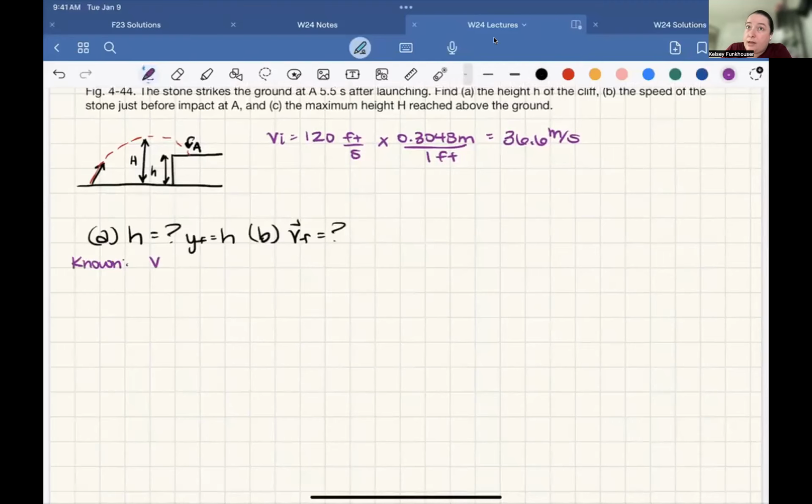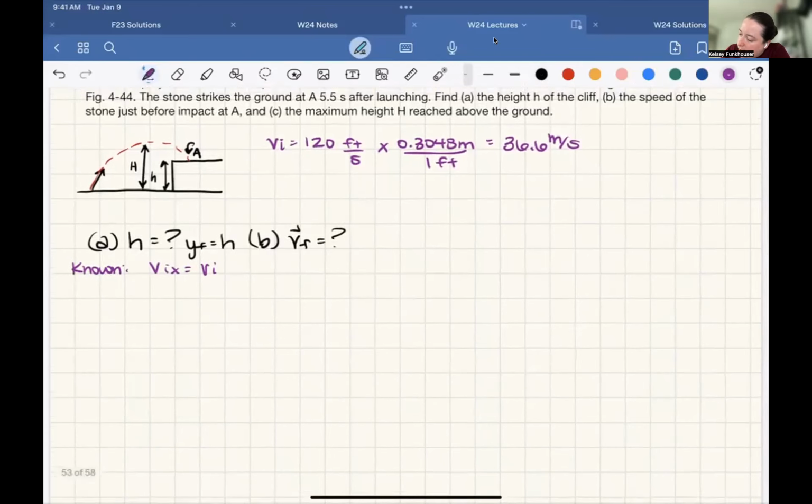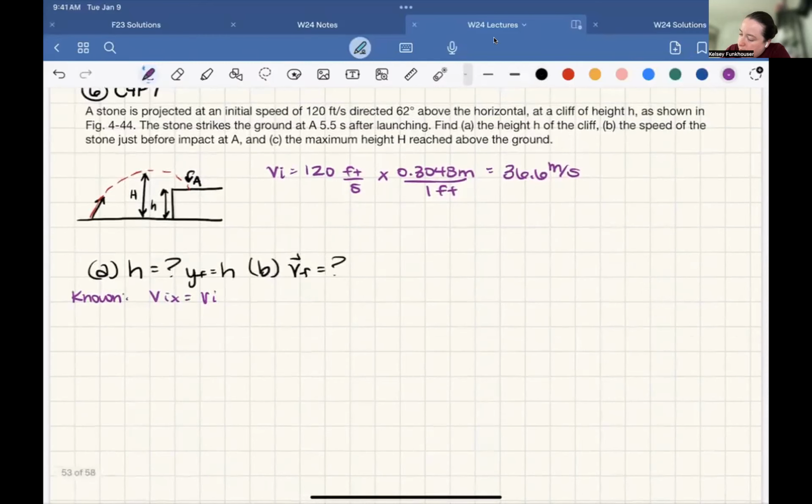So the initial velocity in x is the initial velocity times cosine of the angle, which is 62 degrees. Actually, I'm sorry, I'm going to write it as just theta, because I'm not going to fully plug in all the numbers for this one.